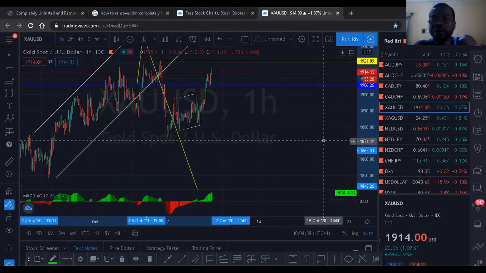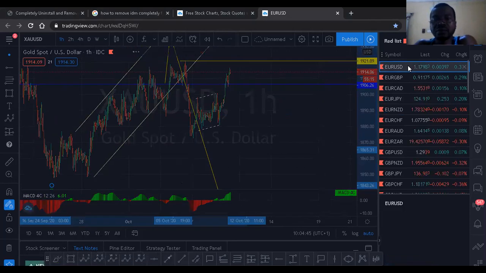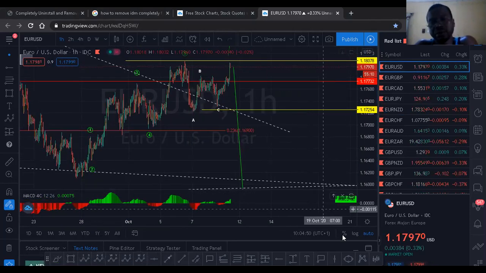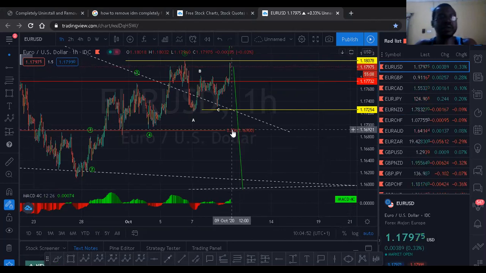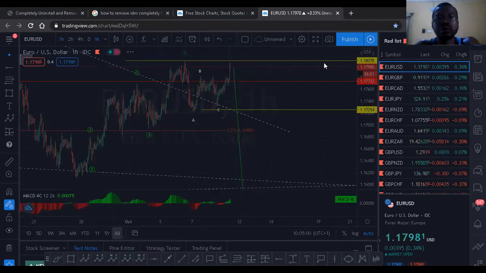Now let's go to the business of the day. Today's business is Euro USD. I want to start from the monthly chart so that you see everything that is happening on Euro USD. Monthly, 1 month.